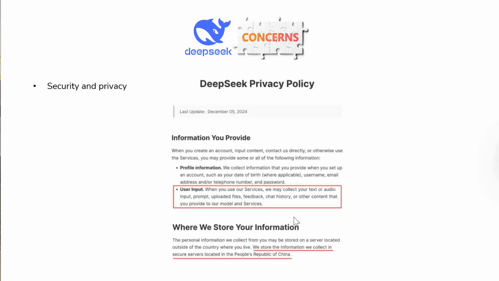Let's get to the interesting part. What are the concerns that we need to consider if we want to use DeepSeek? The most important concern is security and privacy. According to their privacy policy, your data is collected and stored in servers located in China. So this is something that you need to know.